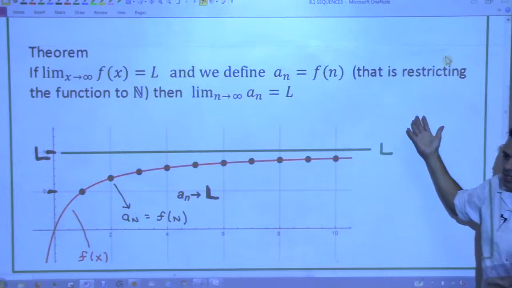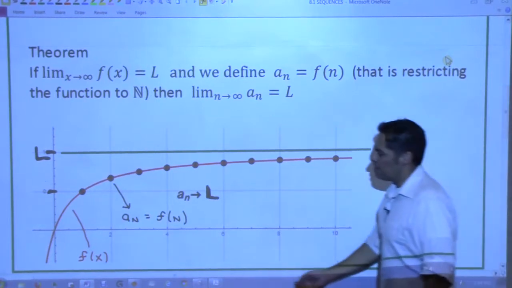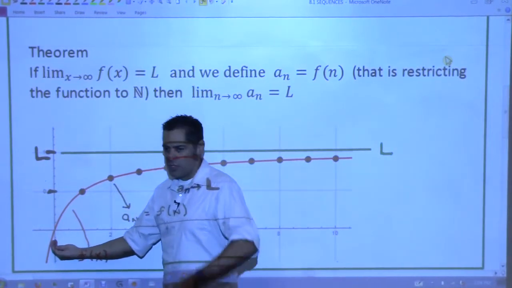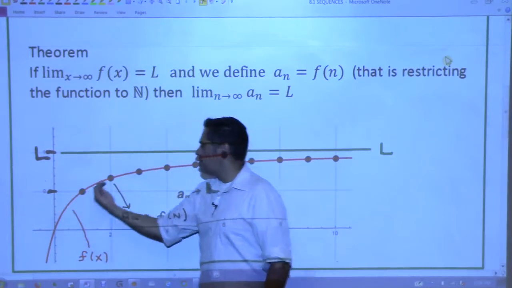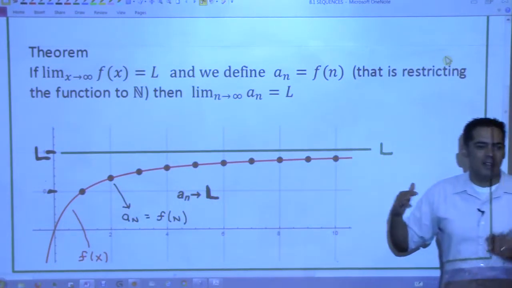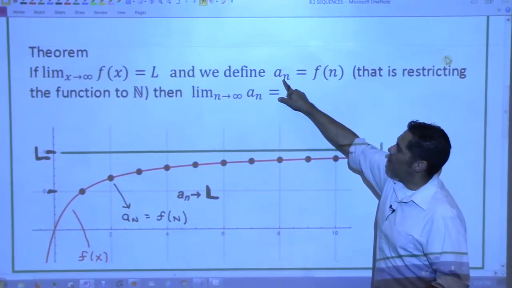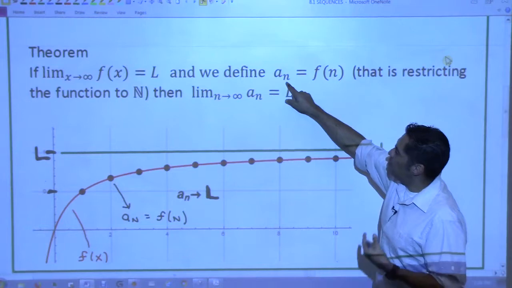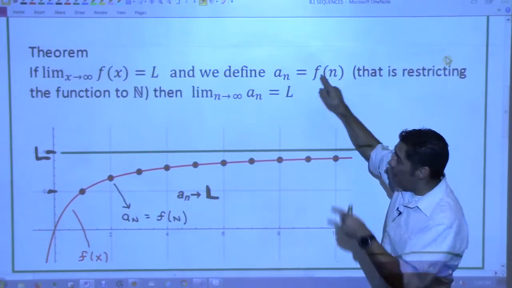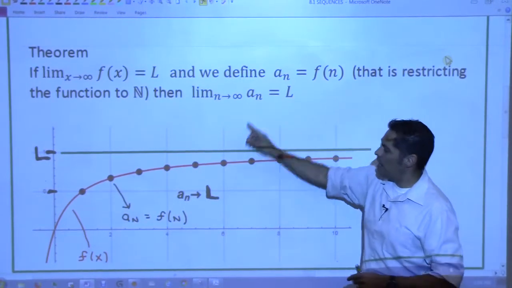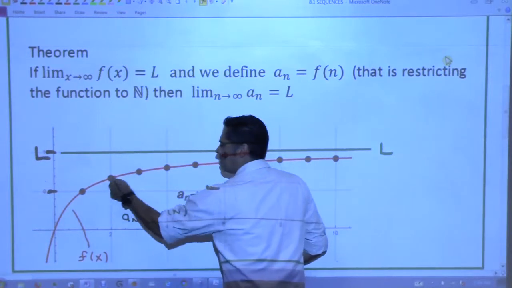That may be confusing to read, but all it's saying is this. Let's say that we have a function, good old function that we've dealt with our whole life, this red curve right here. Let's say that that function is headed to L. Then if we created a sequence that was just that function restricted to the natural numbers, we would get all the dots on that curve.